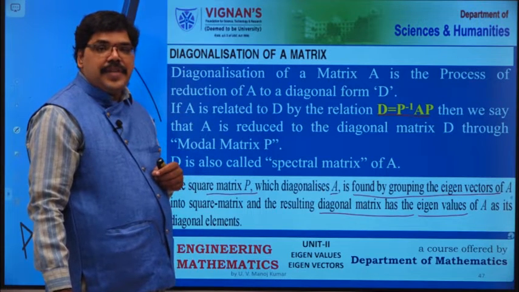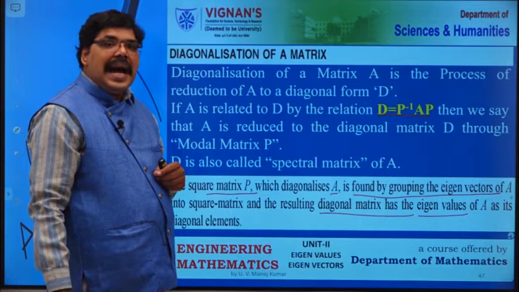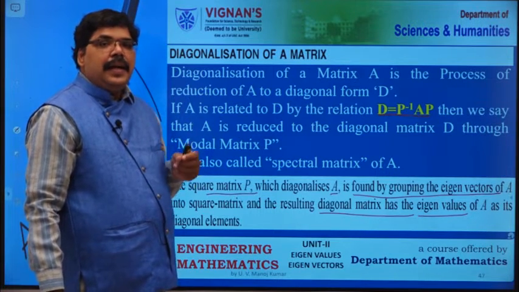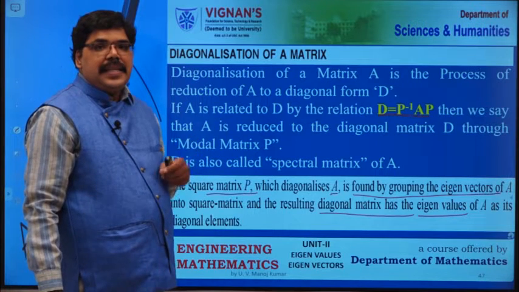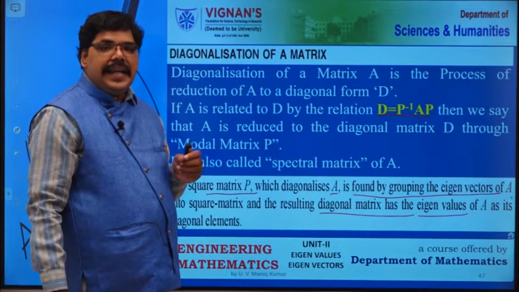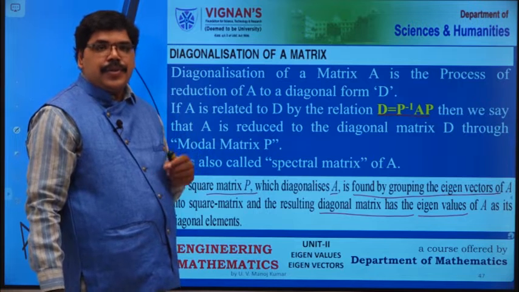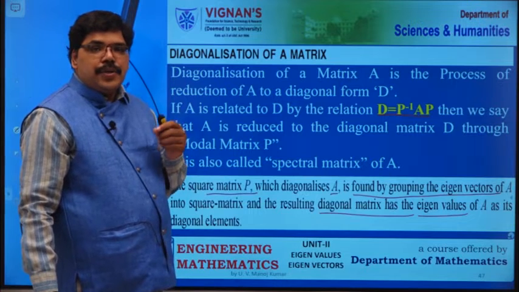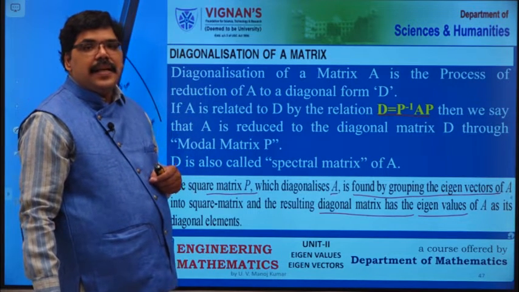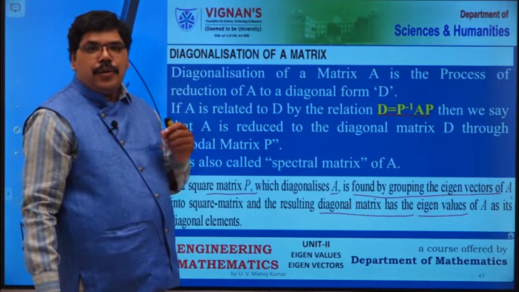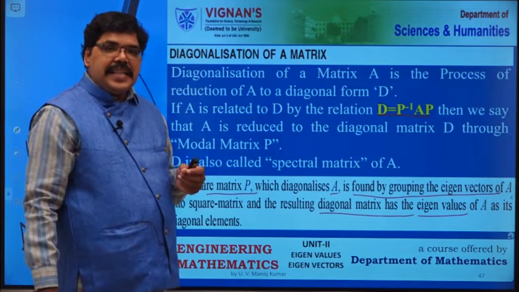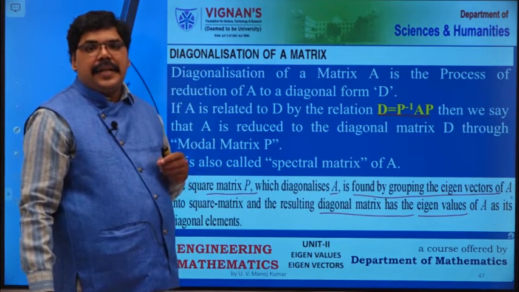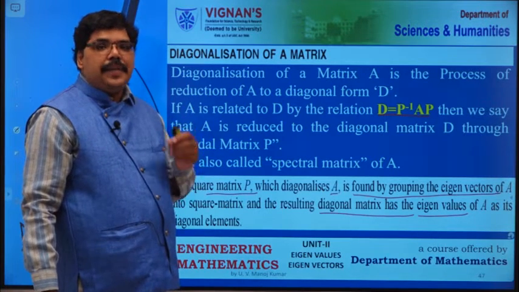The diagonal elements of D are nothing but eigenvalues of A. So, the process of finding P and D is nothing but the process of finding eigenvalues and eigenvectors. So, when a square matrix is given to you and you are asked to diagonalize it, we have to find two matrices called the model matrix, denoted by capital P, and the spectral matrix, denoted by capital D.